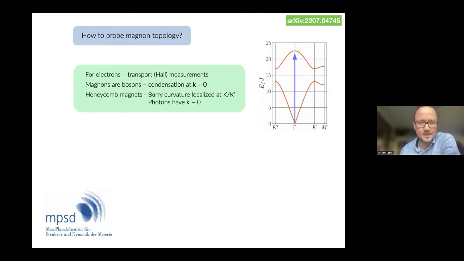What is more, as you've already seen in the talks earlier, the Berry curvature in these materials usually is localized near K and K prime. So these are basically two issues. We need to excite the system somehow, and one photon generally is not enough if you want to reach the Dirac points in these materials.